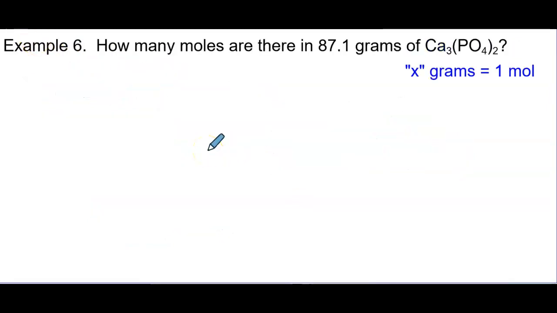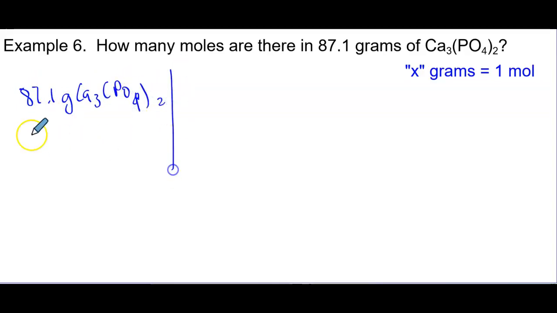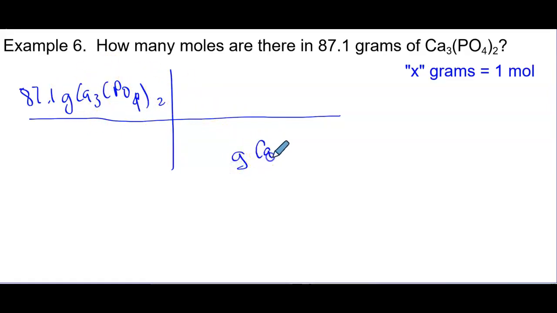Okay, next example. This time, again, we're going to start with what we're given: 87.1 grams of calcium phosphate. Now, we know that in these grids, or train tracks as I've heard people refer to them, whatever unit and chemical we have in the top box, the next box has to have the same unit and chemical formula.